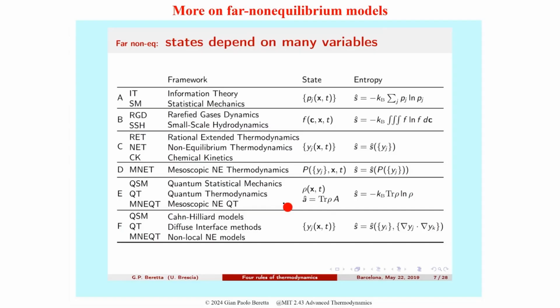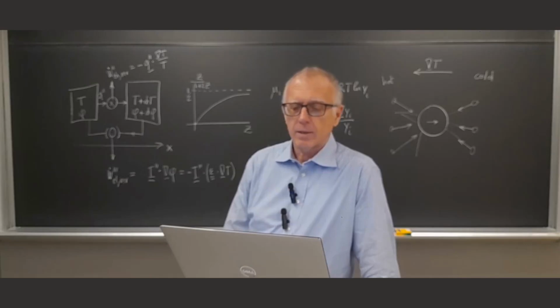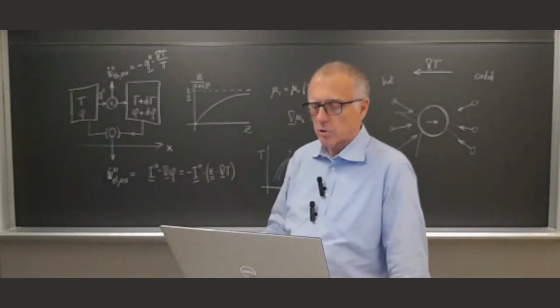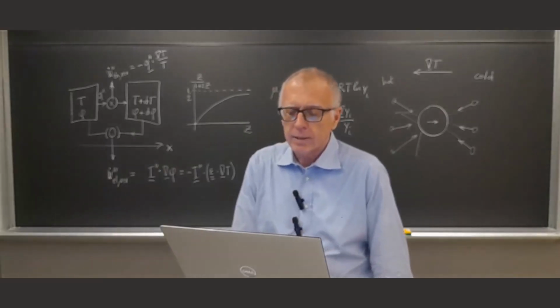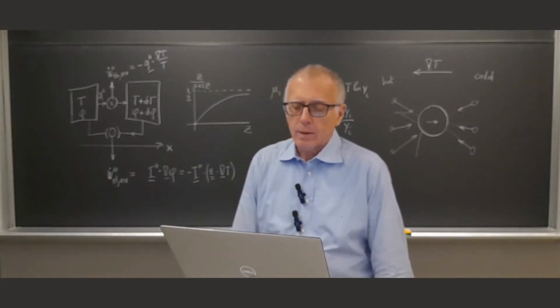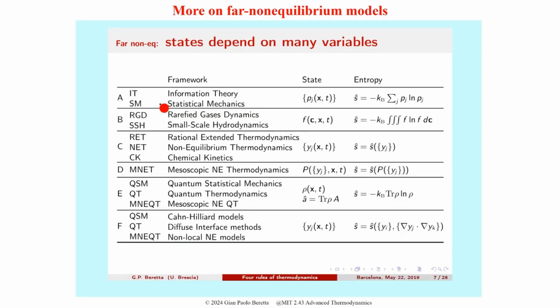So, of course, the queen is statistical mechanics, which is behind. We've used also some of it when we did the single particle in a box. But then you have also kinetic theory to deal with rarefied gas dynamics if your Knudsen number is not very small.